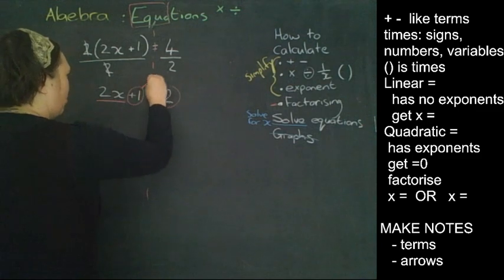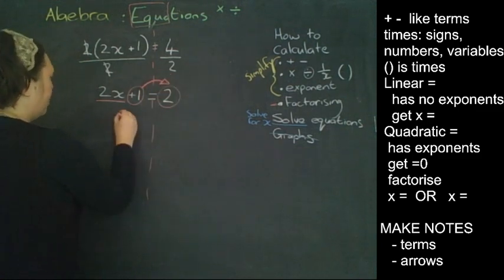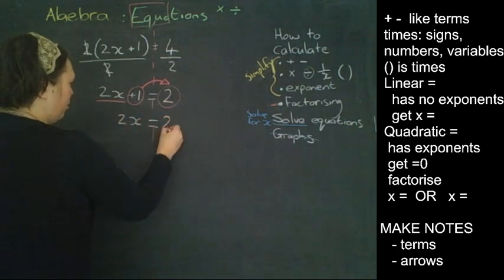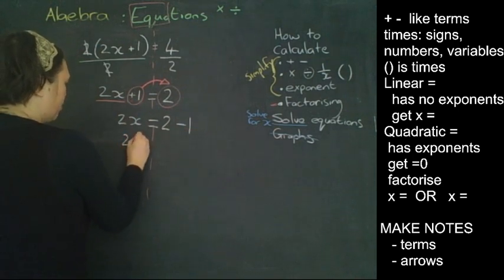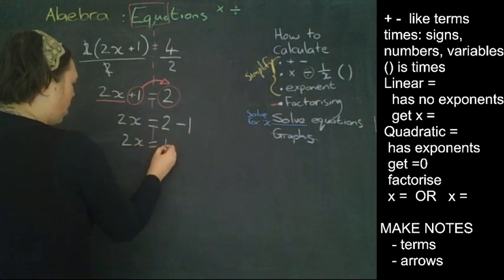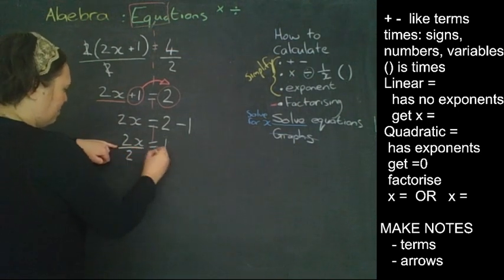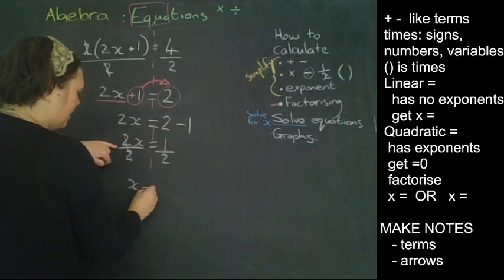So we take that over to the other side, and we have 2x equals, we have a 2, we minus 1, so we change the sign, so 2x equals 1. Now we want this 2 away, so we divide by 2, and x equals a half.